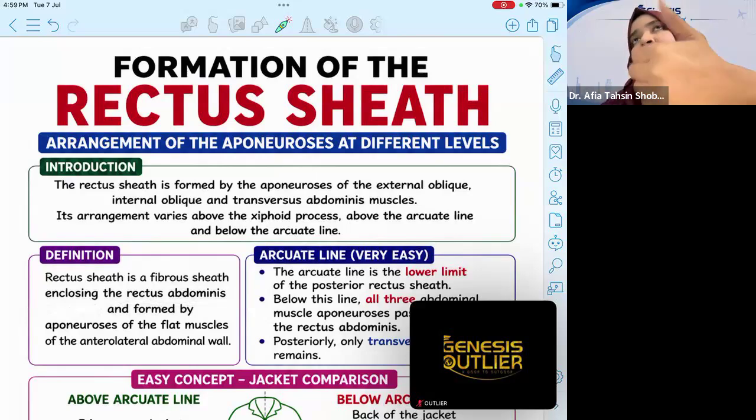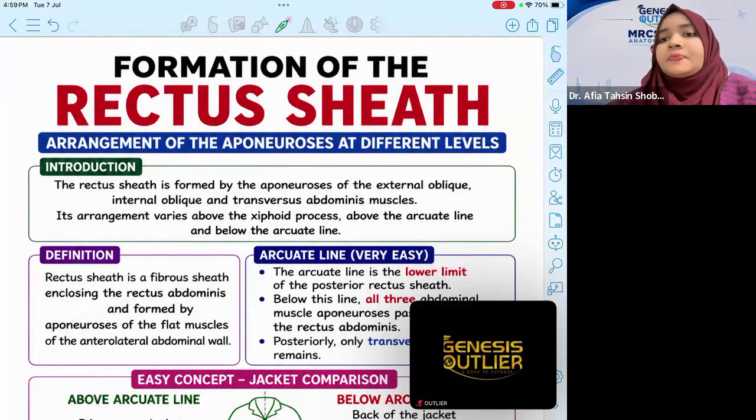How is it formed? Sometimes by three muscles, sometimes two. In general, it is formed by the aponeurosis of the anterolateral abdominal wall muscles, not the muscles. Just keep the concept: it is aponeurosis, not muscle.